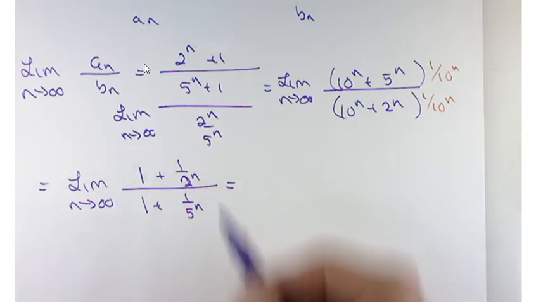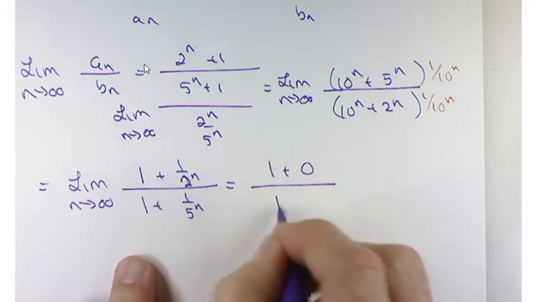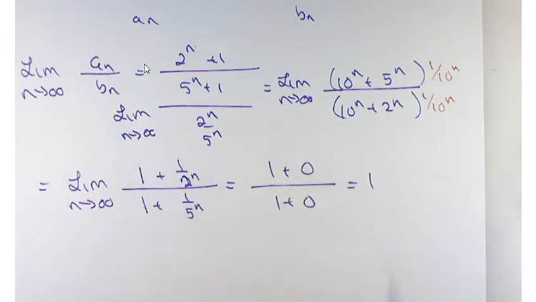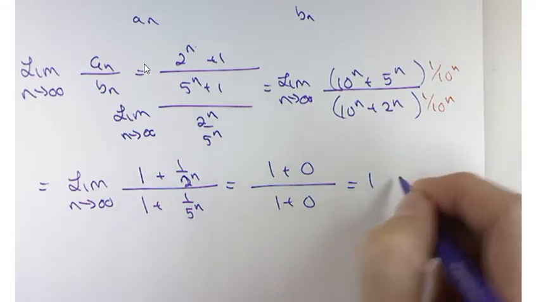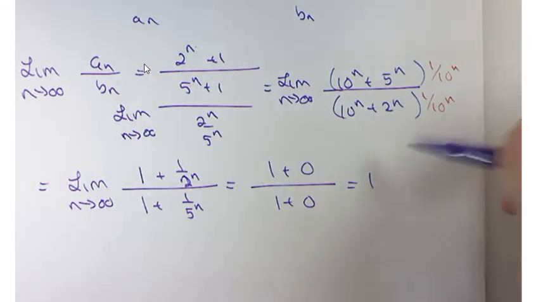And now we can just pretty much plug in the limit. You get 1 plus 0 over 1 plus 0, which is 1. Yeah, you get the cancellation. So now the nice thing is, again, this is finite. You don't always have to engineer this to be 1. That's just the way they've been coming out.